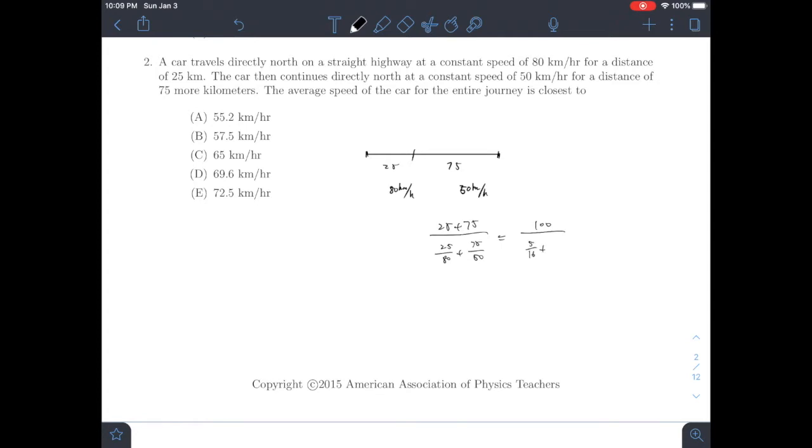Then we simplify a little bit, plug into the calculator, and see what the result is. The result is 55.2 kilometers per hour, so it's B.